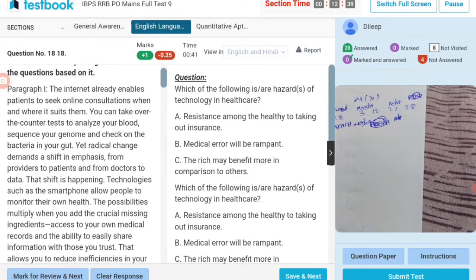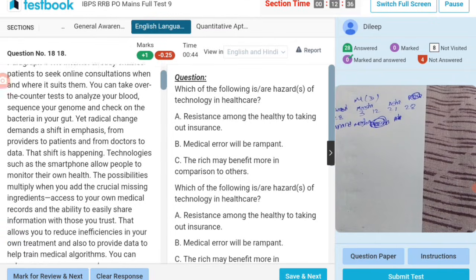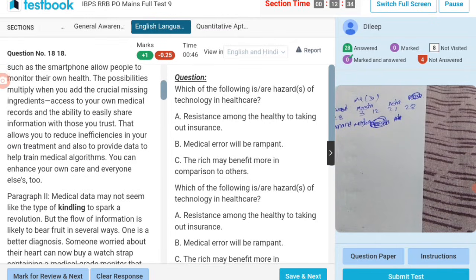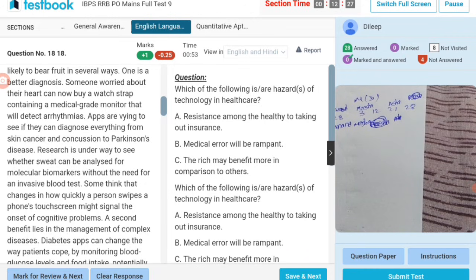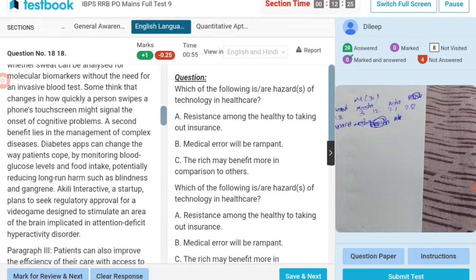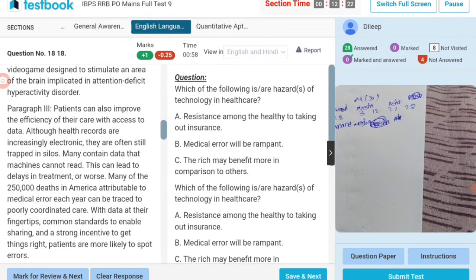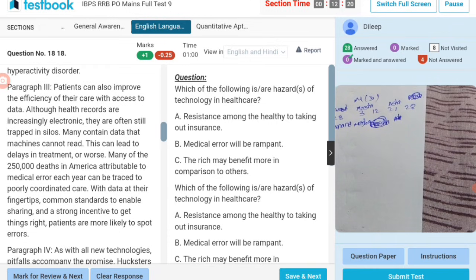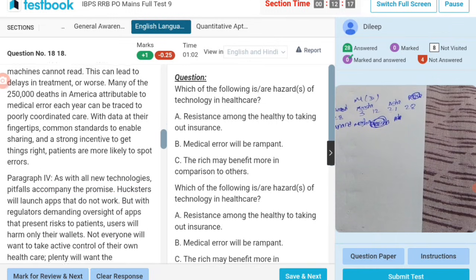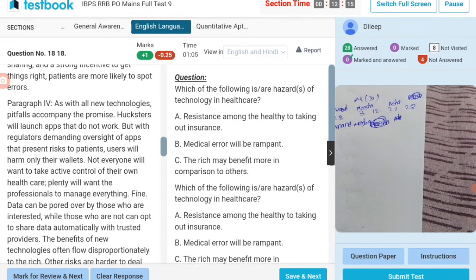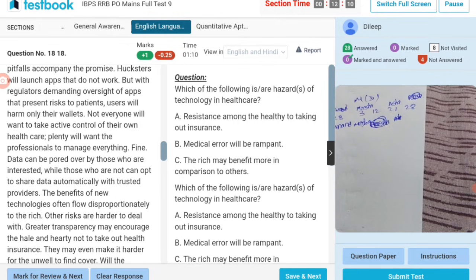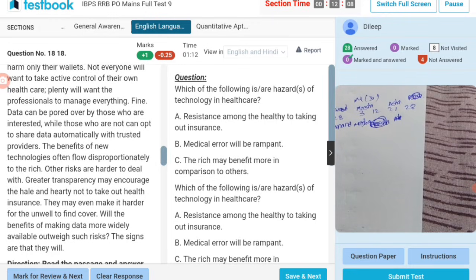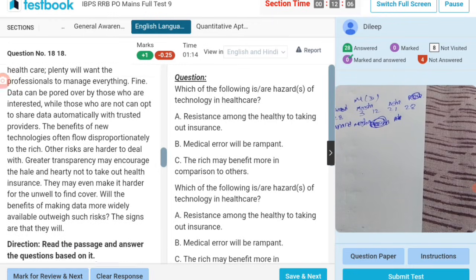Hazards of technology in healthcare. So hazards, where is the keyword hazard? Hazards of technology.